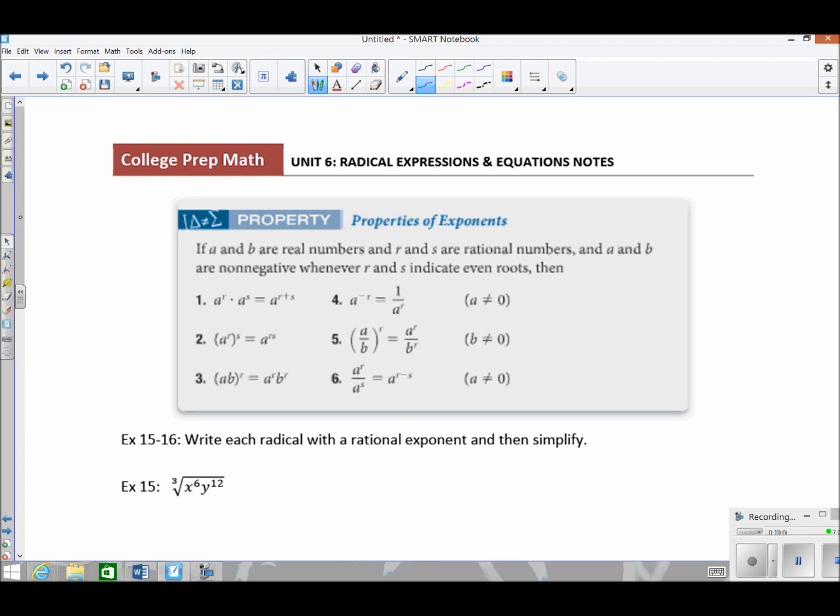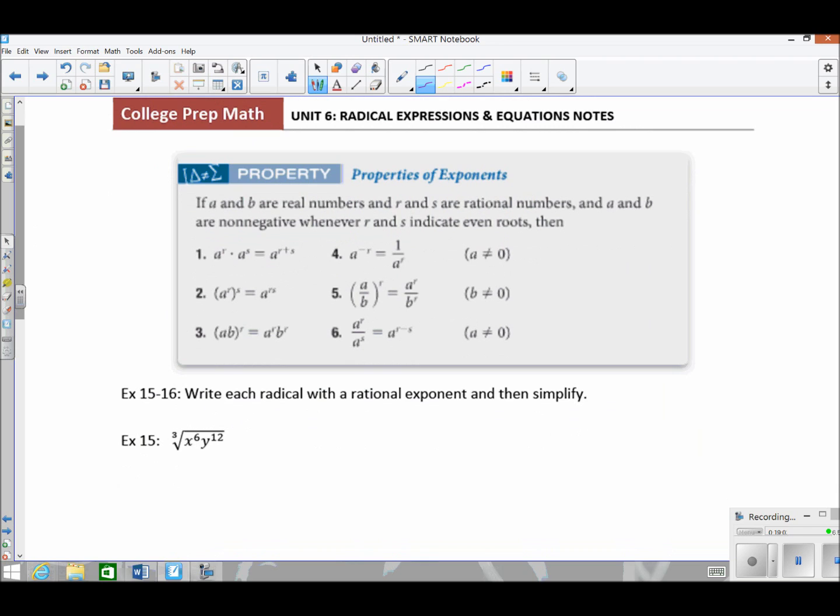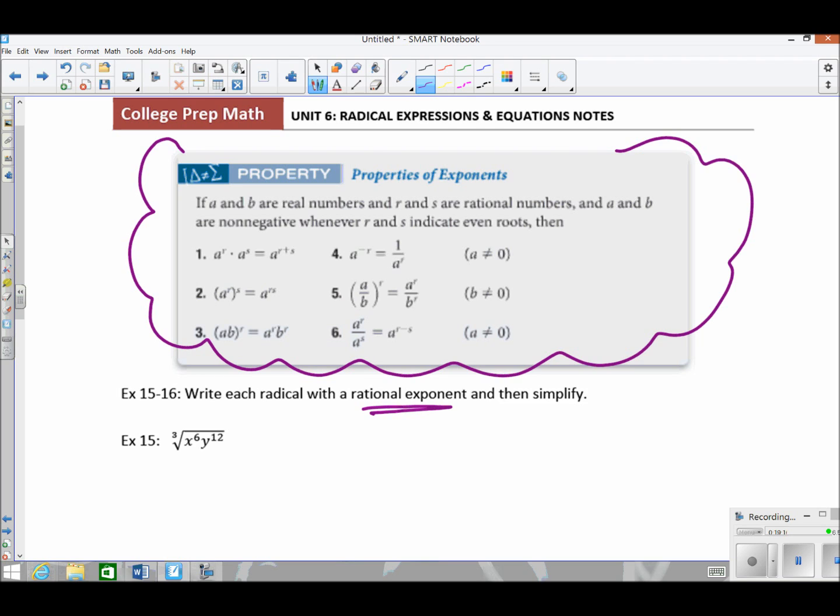So now let's look at some other more complex expressions. First thing we're going to do is write each radical with a rational exponent, meaning as a fraction. And up top here, I just added in the properties of exponents. So hopefully you remember these, but if not, take a look, refresh your memory.